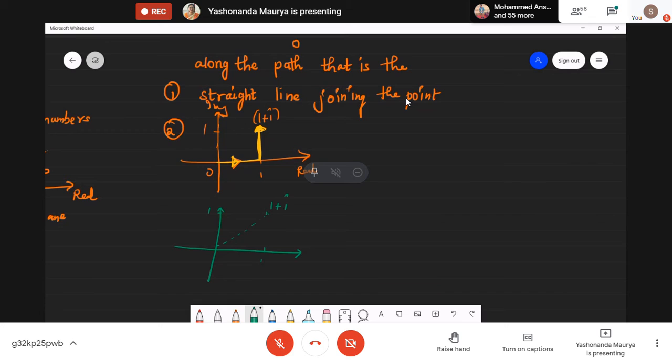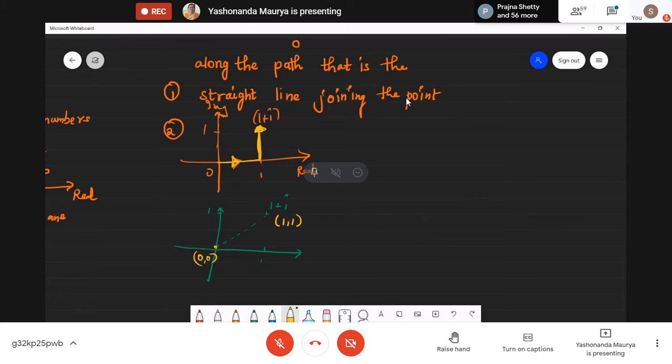See over here, if I see in the xy plane, this complex plane, I can also view it as the R2 plane. So the point actually corresponds to the point 1 comma 1. So what is the equation of the line which joins the origin with the point 1 comma 1?